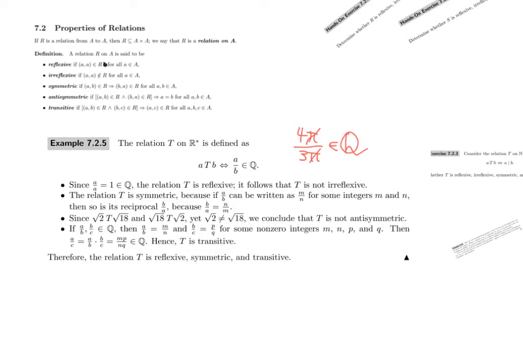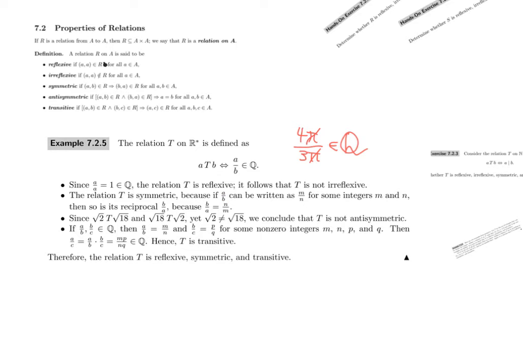What about symmetric? Well, if A over B can be written as M over N, remember, everything is non-zero here. Hopefully you remember that discussion from some time ago about worrying whether the numerator or the denominator is 0 when you're flipping a fraction. We don't have that concern here because we're assuming everything we're working with is non-zero.